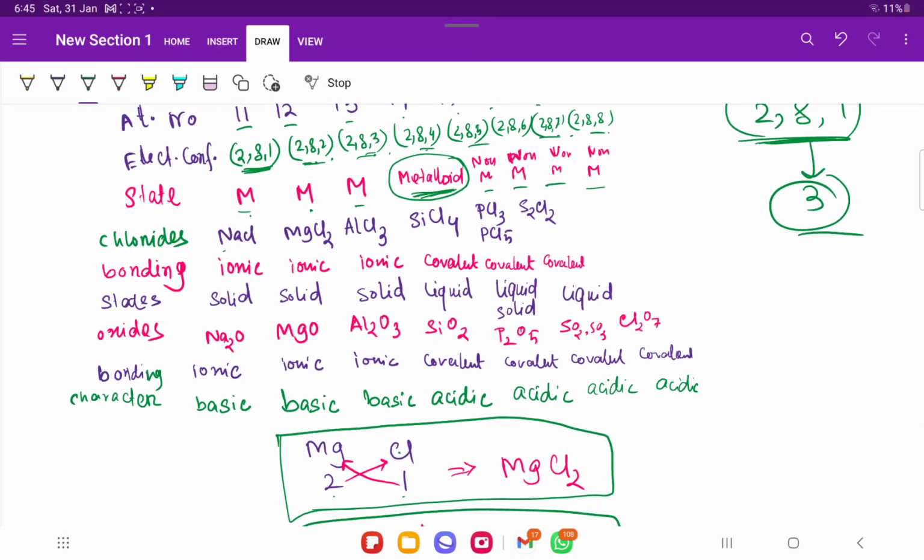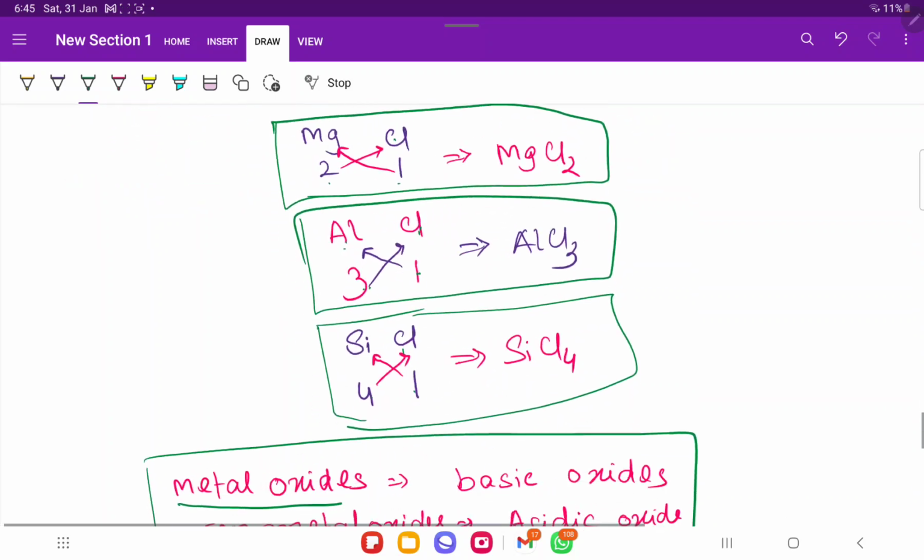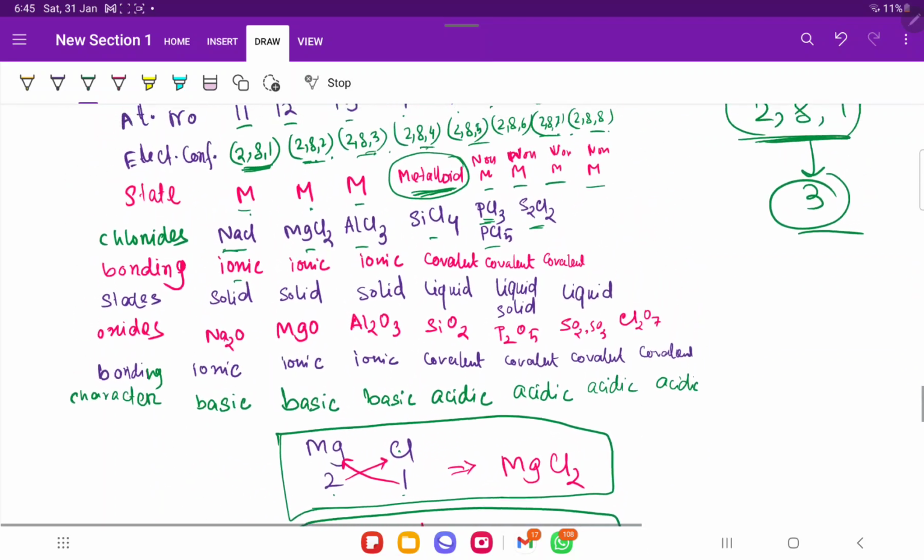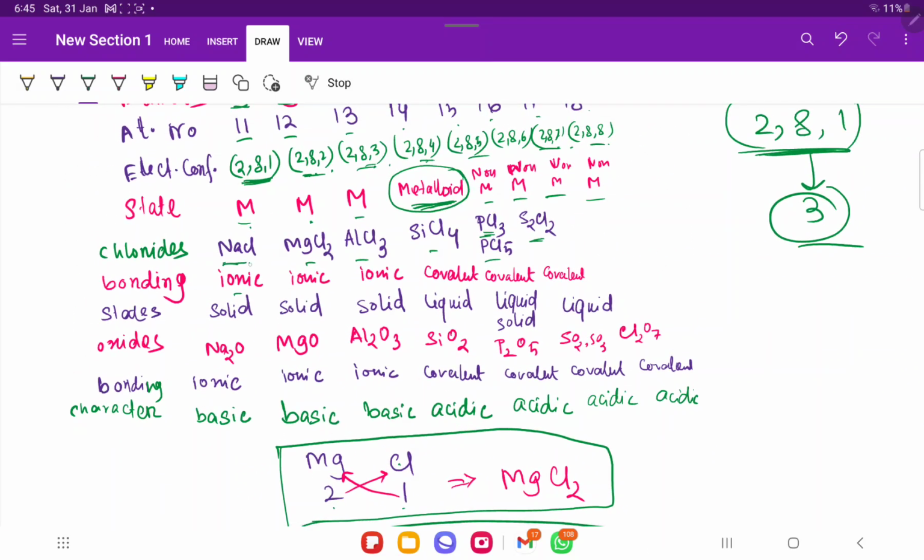Okay, now we will see their nature. Sodium chloride, magnesium chloride, aluminium chloride, silicon chloride, and in phosphorus it will be pentachloride or trichloride. Then there is S2Cl2, sulfur chloride. So what will be their bonding? You have to remember that every time metal and non-metal form a compound, it will be ionic, and if both are non-metal, then it will be covalent.